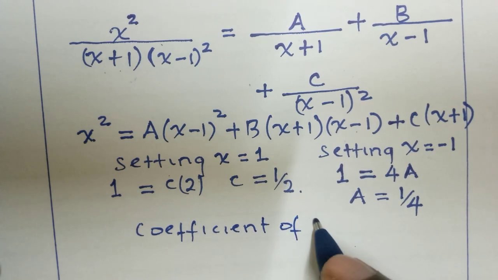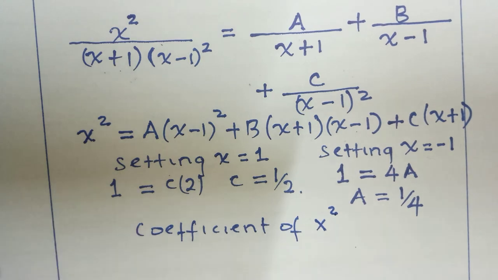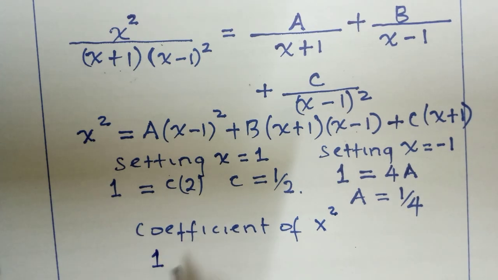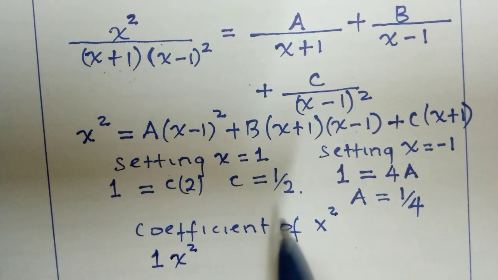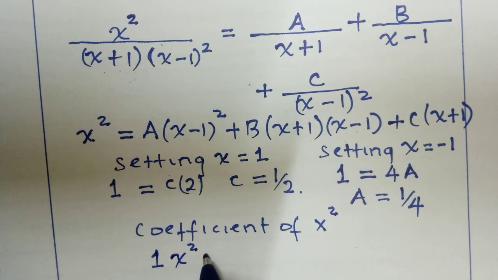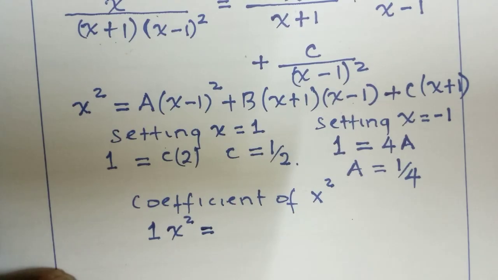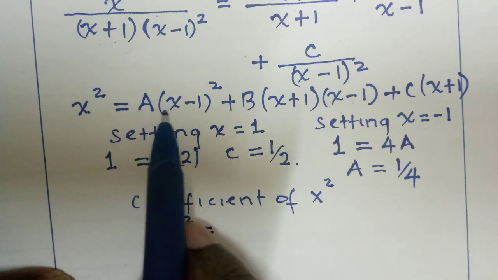Of x squared. Coefficient of x squared is 1. That is on one side, on that side. In other words, we can write it like that, 1x squared. So on this other side, we shall have now, here we have the term a.